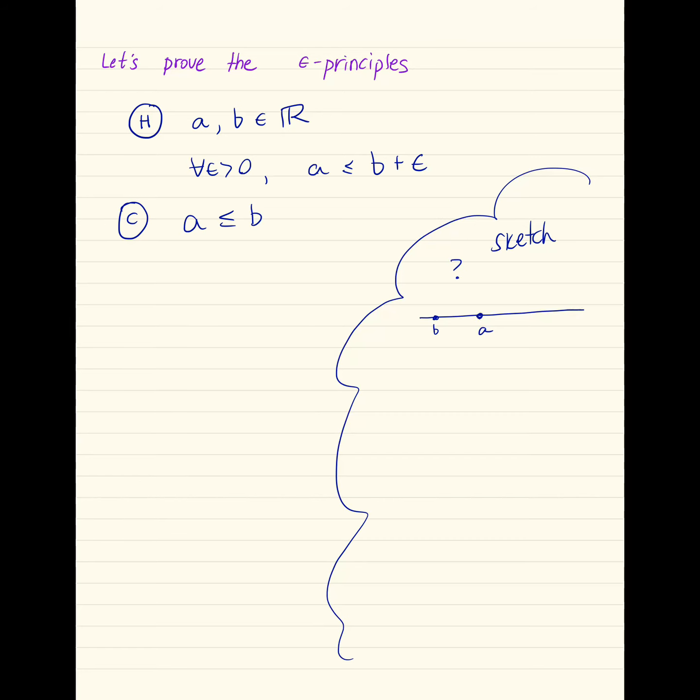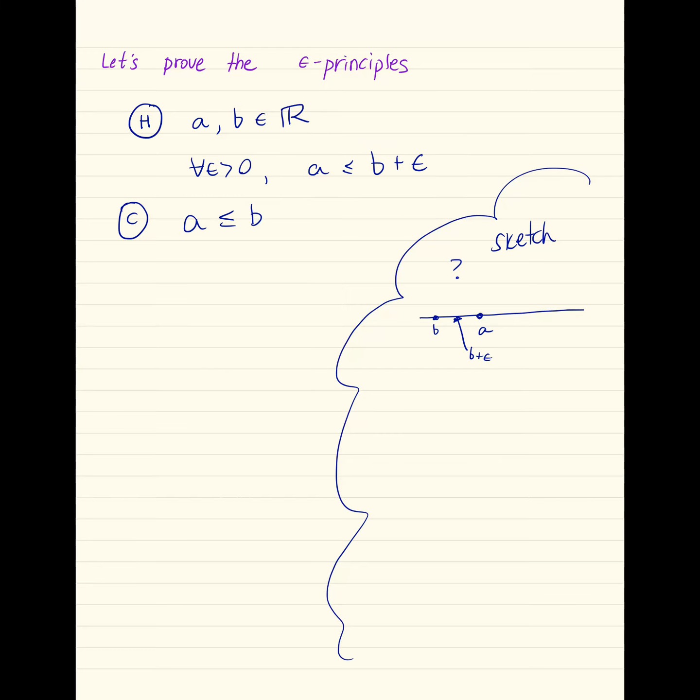If this can happen, we'll get a contradiction because we could have an epsilon where A isn't less than or equal to B plus epsilon. Do you see what I'm doing there?